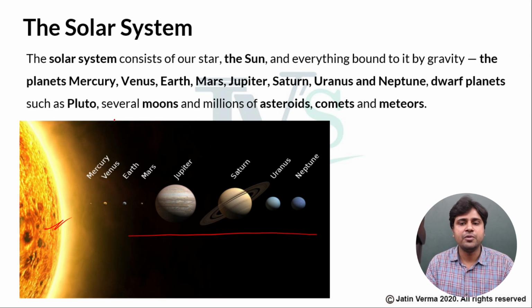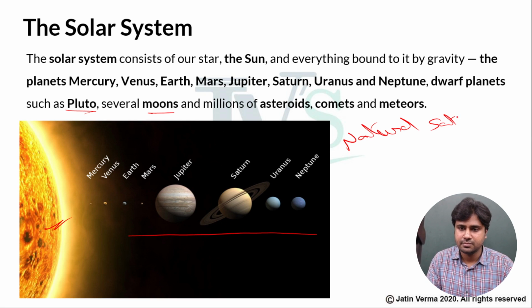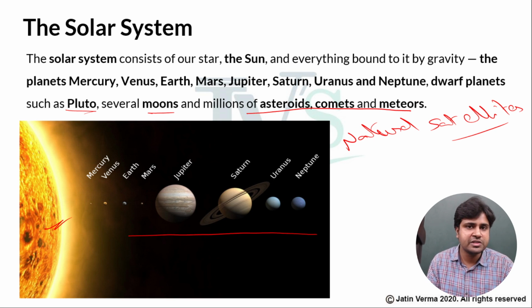Then we have dwarf planets such as Pluto. I'll also explain why Pluto is a dwarf planet. Then we have several moons or natural satellites, and millions of asteroids, comets, and meteors. All these are the components of the solar system. We will discuss each in detail.